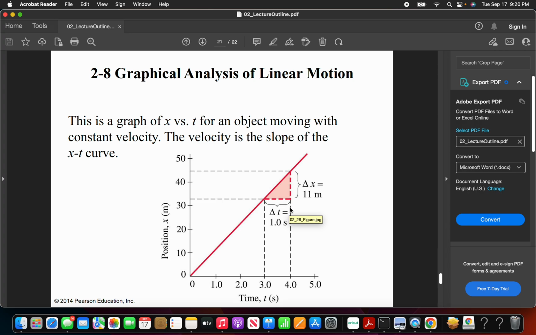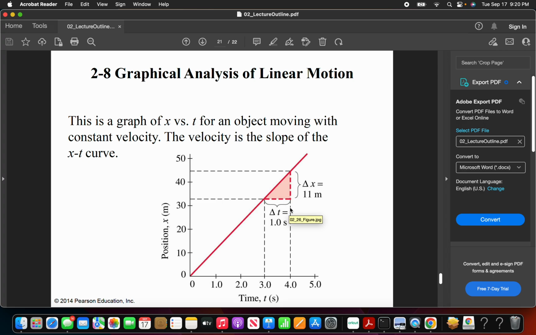So I put that 11 over 1, and I say that object is moving at 11 meters per second. That's how fast that object is moving, right? So I was able to determine that from the graph, right?